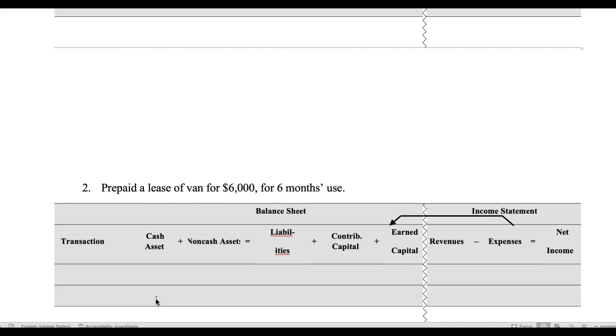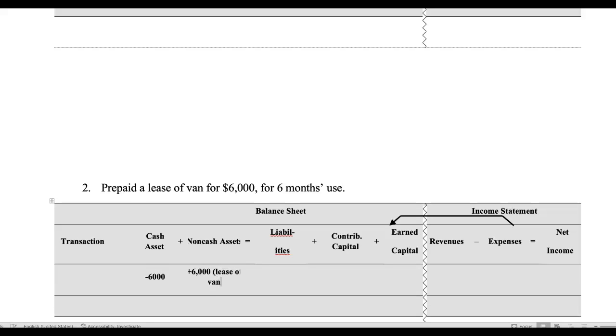All right, with the first example illustrated, the second example would be easier to understand, where we prepaid a lease of a van for a use of 6 months, and in total we paid $6,000. Now at the beginning, when we pay for the van, it reduces the cash. At this time, it also increases the right to use the van, the lease of the van for 6 months.